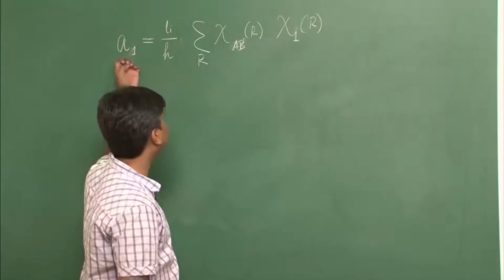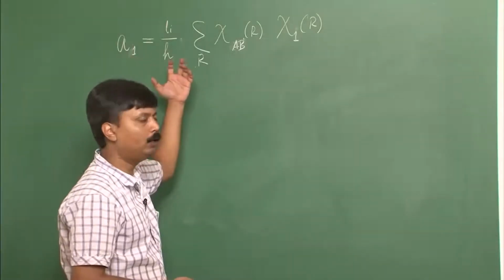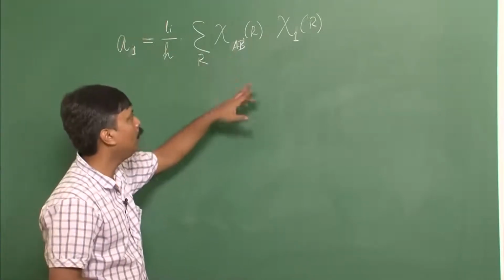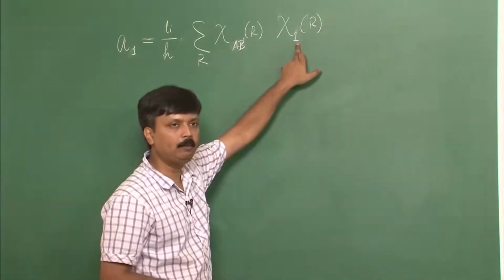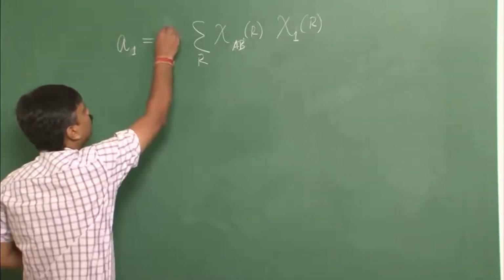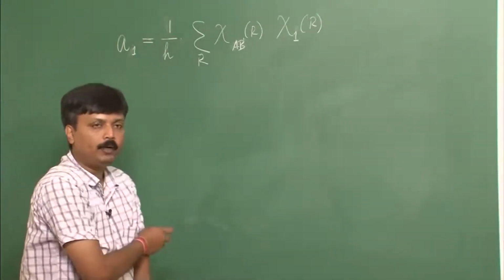So, how many times does this A1 symmetry, the totally symmetric IR, occur in this one? Now, this is a one dimensional irreducible representation, so I can write here clearly 1, fine.